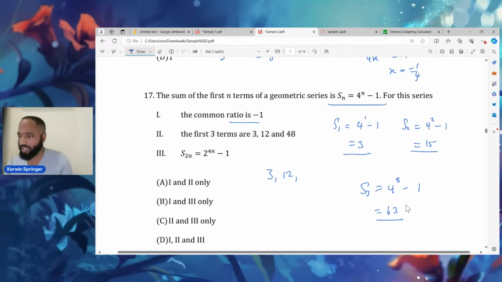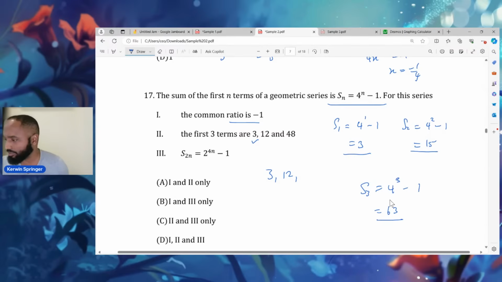Somebody asking what I'm doing. No, I'm finding the terms. So S1 will be 4 to the power of 1 minus 1, so 3. The first term is 3. The second term, the summation, is 4 squared minus 1, so this is 16 minus 1 is 15. But if I subtract, the term will be 15 minus 3, which is 12.